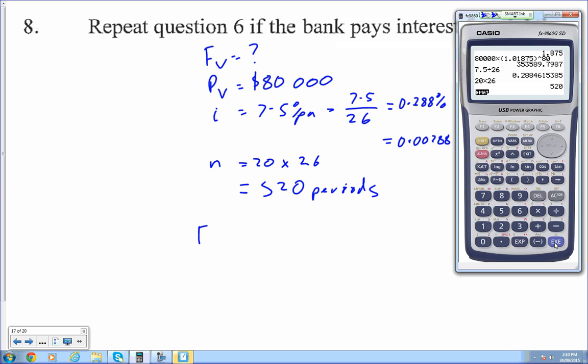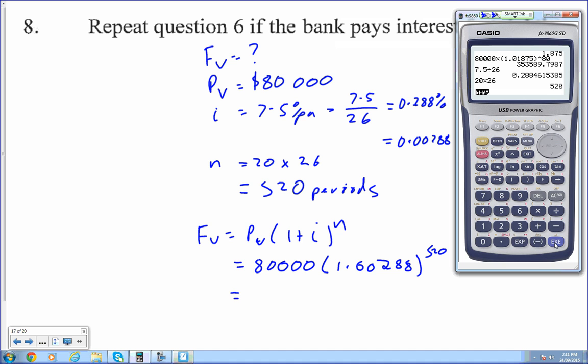So future value equals present value, 1 plus i to the n, so equals 80,000, 1.00288 to the 520. Again, put it in the calculator, 80, 1, 2, 3, times by bracket 1.00288, bracket, all to the 520.